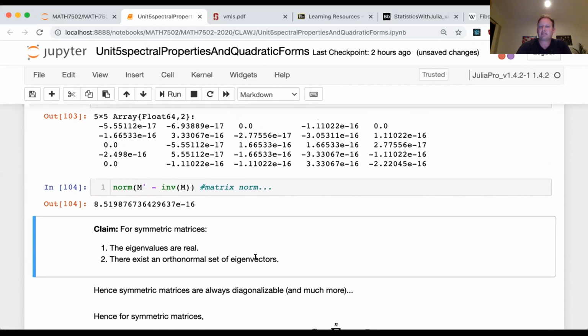So this is nice. If there exists an orthonormal set of eigenvectors, can you get a set of vectors that is orthogonal but not independent?